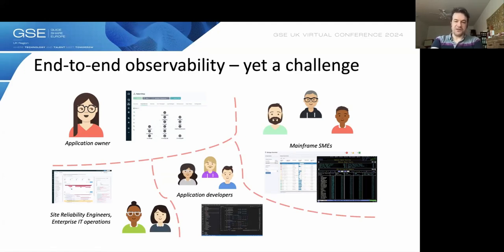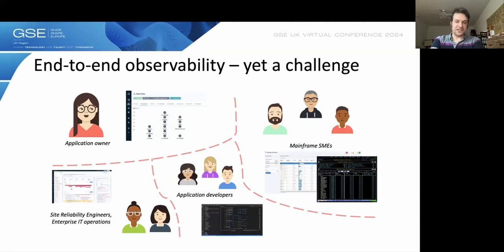There are application developers who are making changes, and very much these days you can see parts of the application being updated perhaps multiple times during a day through a CI/CD pipeline. And we have our traditional mainframe subject matter experts who will have deep knowledge in things like CICS and IMS and Db2 and the platform itself.